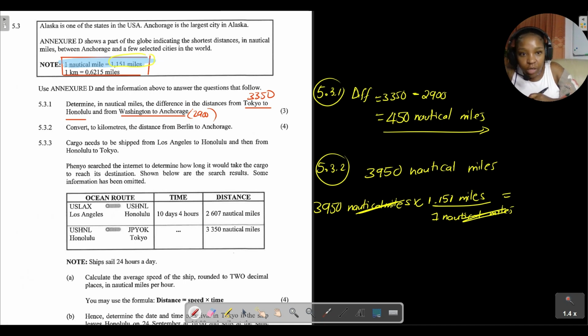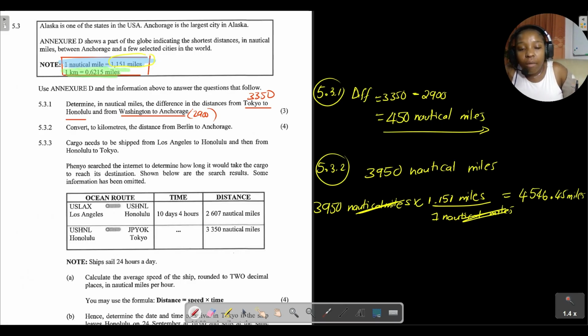So 3,950 multiplied by 1.151 divided by 1. What do we get? We get 4,546.45 miles.